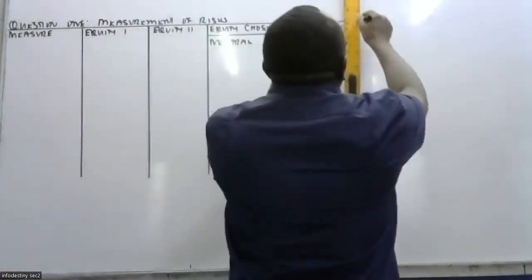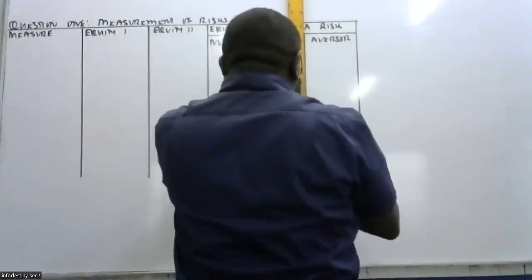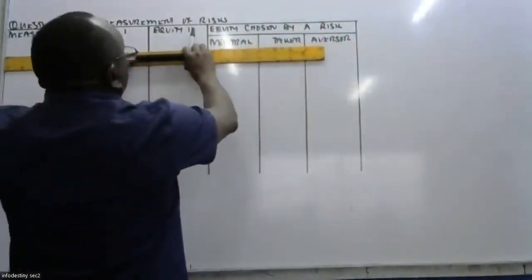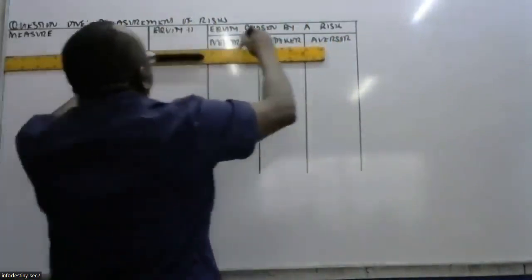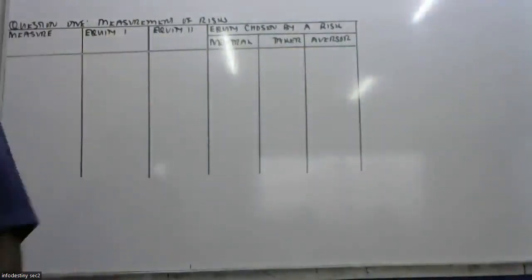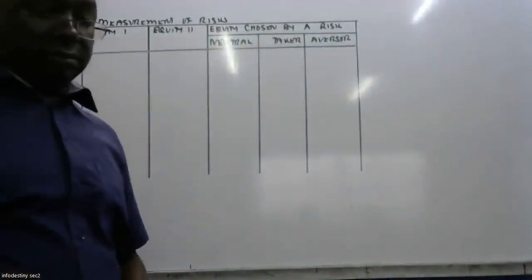I've told you we have 3 types of decision makers: a risk neutral, risk taker, risk averser. Be fast in designing that table.